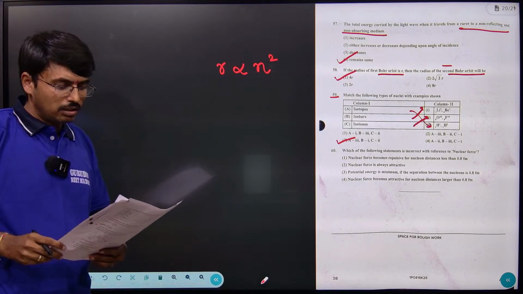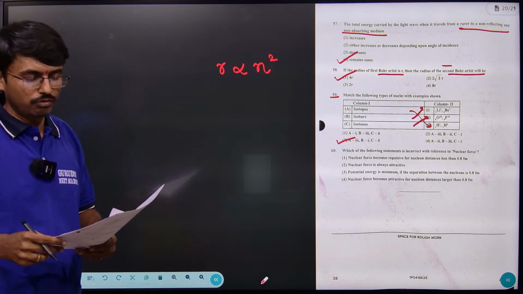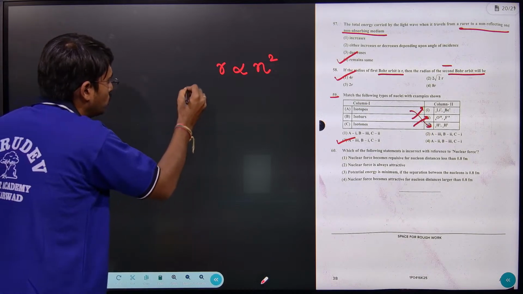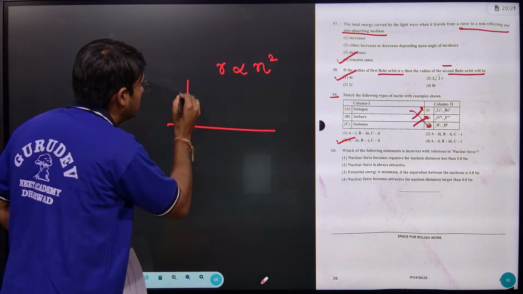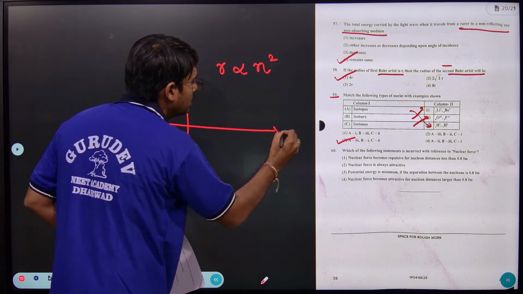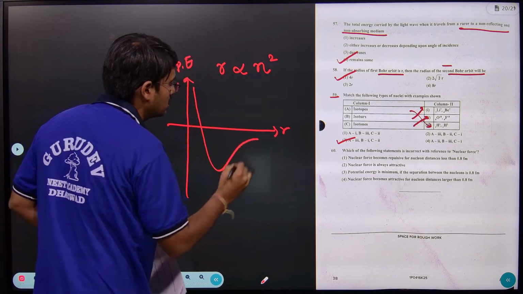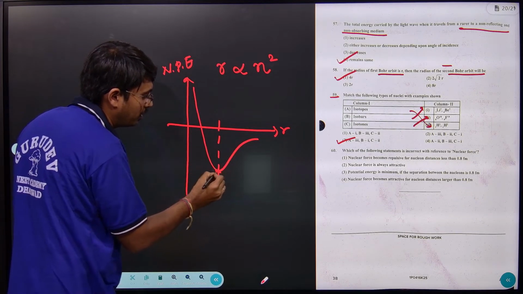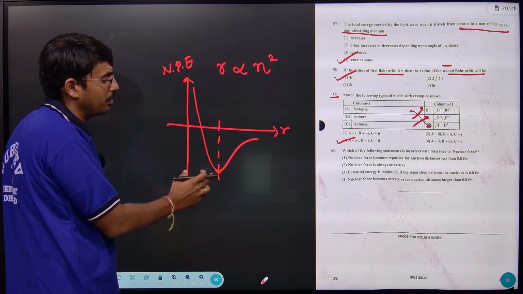The next one, the last: which of the following statements is incorrect with respect to the nuclear force? For this particular one, you should remember this graph, nuclear potential energy versus distance. The graph looks like this. At this particular point, the nuclear potential energy becomes minimum.